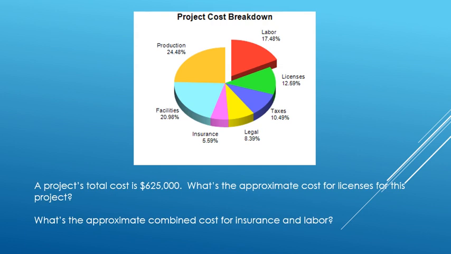So first up, what is the approximate cost for licenses for this particular project? So we see that the licenses, looking at our pie chart here, licenses account for 12.59% of the total cost of our project.